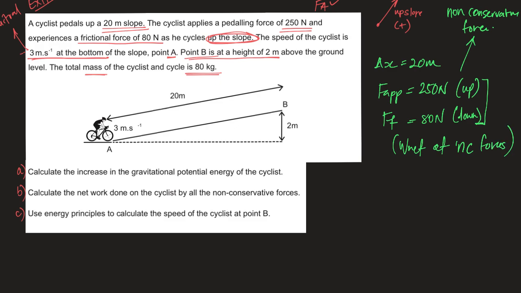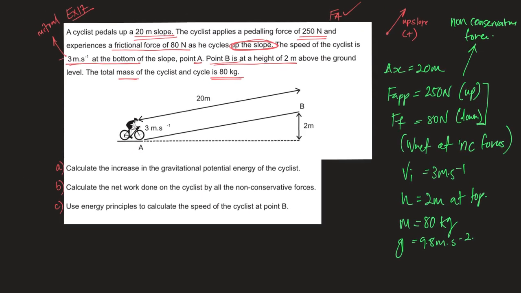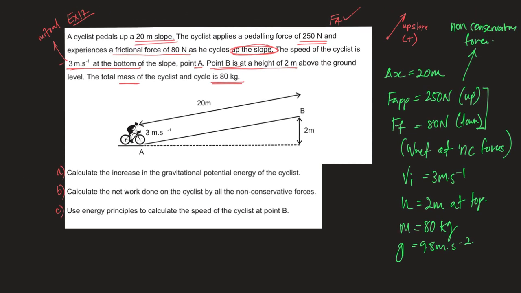He's going up the slope, and V initial is equal to 3 meters per second. At the bottom, the height is 0, and at the top it is 2 meters. We've got a mass equal to 80 kilograms, and a g value of 9.8 meters per second squared. That's all of our information, and let's have a look at what they want.